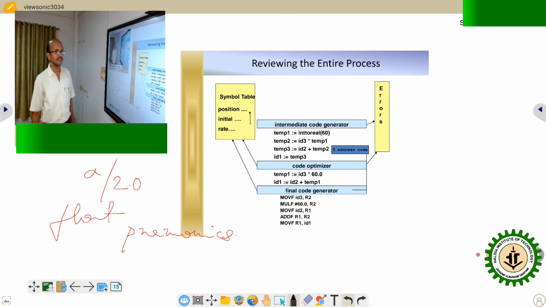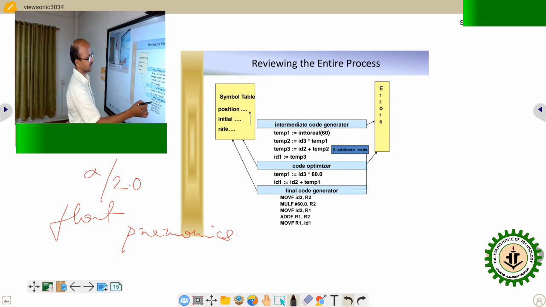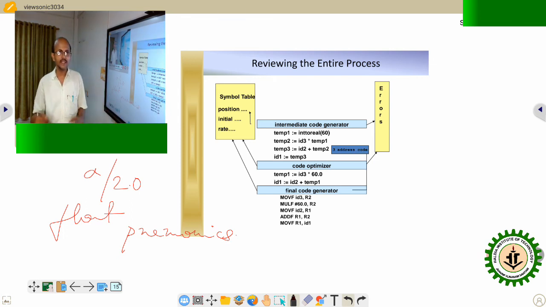MOVF, moving floating point data from identifier 3 to R2, then MULF, multiplying the floating point data with 60 and storing the data into R2, and then moving identifier 2 into R1 and adding two floating point data with ADDF R1, R2, and the R1 will now be stored into identifier 1.